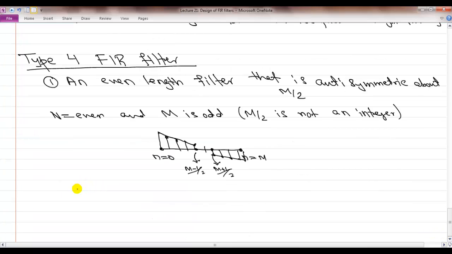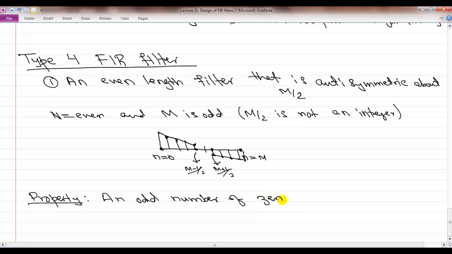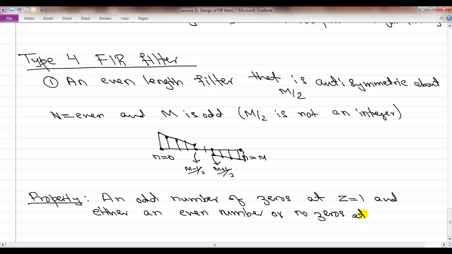Now the property is that it has an odd number of zeros at z equal to 1 and either an even number or no zeros at z equal to -1.